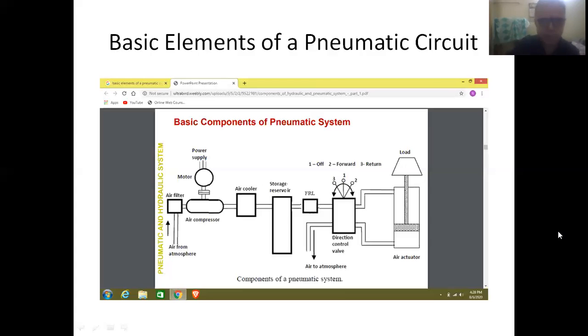Now, the inlet of the valve is fitted to the pipeline coming from the compressor. The first outlet is fitted to the first port of the cylinder, and the second outlet is fitted to the second port of the cylinder.